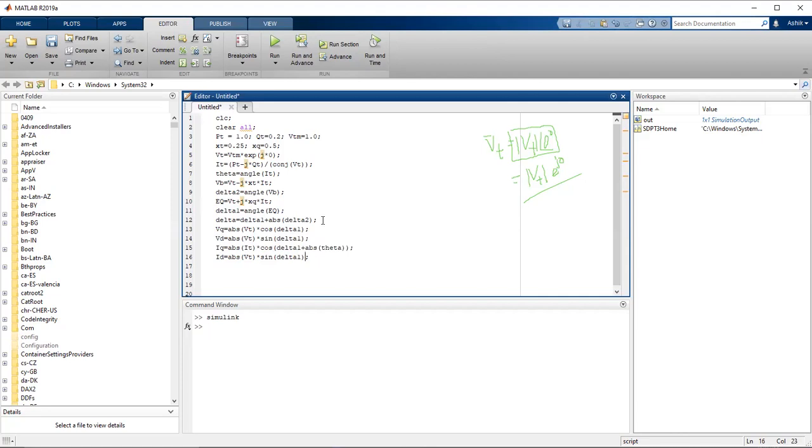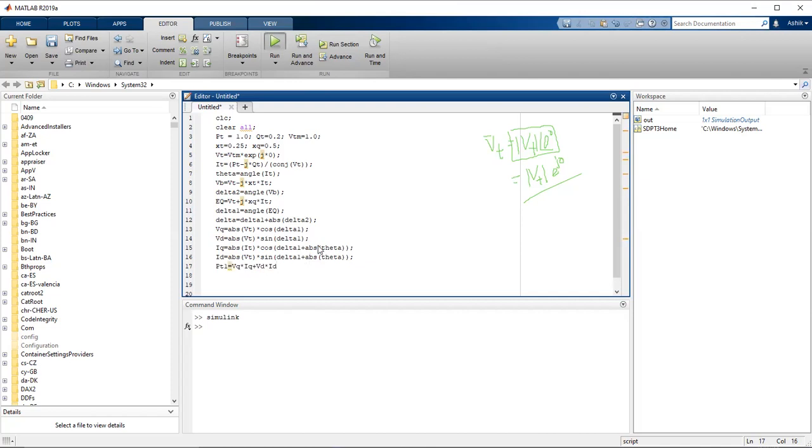Sine delta 1 plus absolute of theta. So this is IQ and ID. Now let's check quickly whether up to this point is it fine or not. VQ IQ plus, okay, we can't use the same symbol, so let's say PT1 just for checking, VD ID.